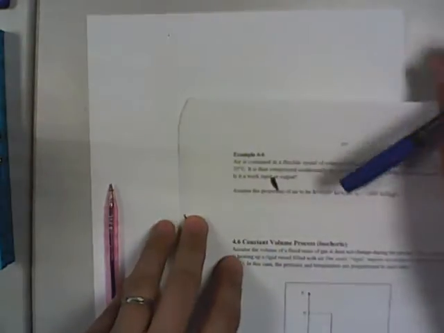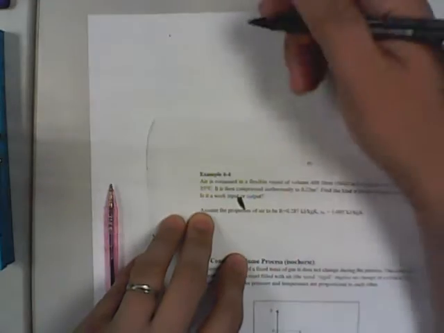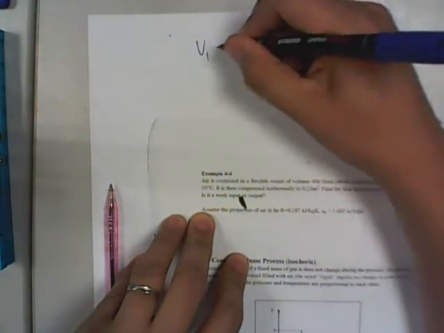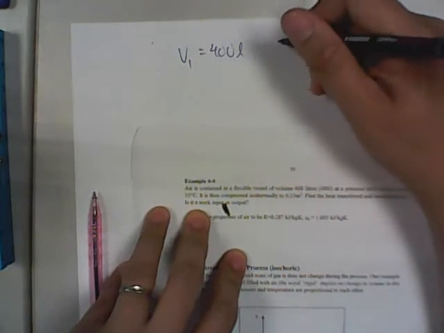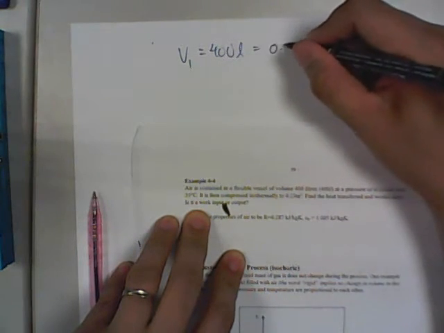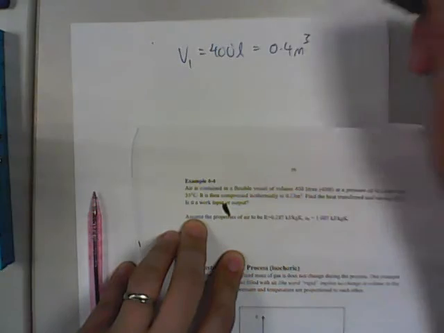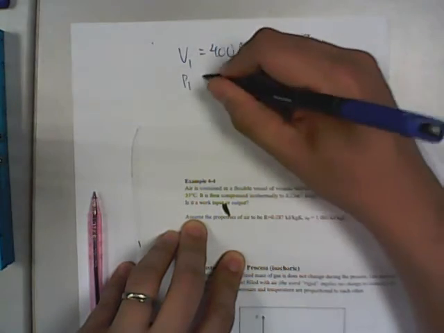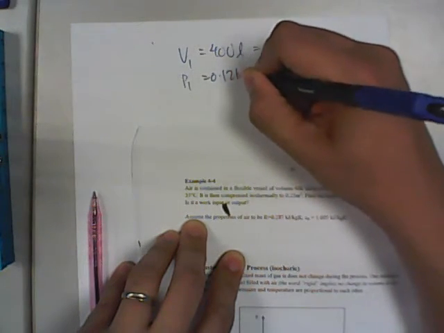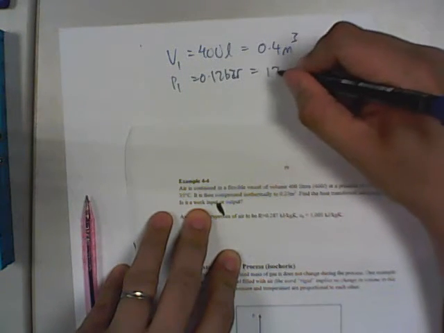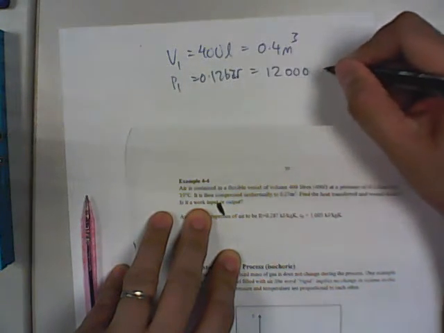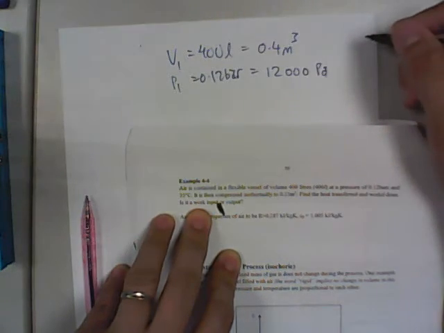So we have air in a flexible vessel. My V1 is 400 liters. 1000 liters is 1 meter cube, so this is 0.4 meter cube. P1 is 0.12 bar, which is 12,000 Pascal.